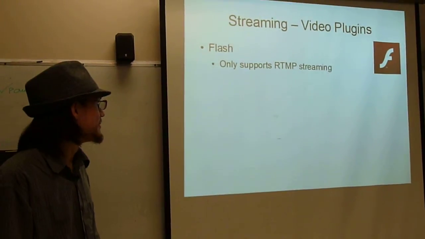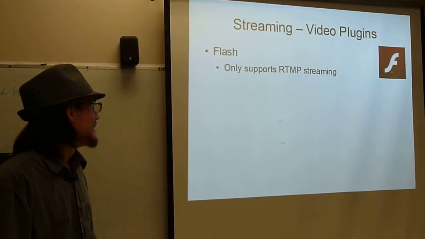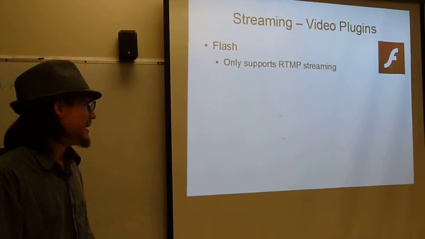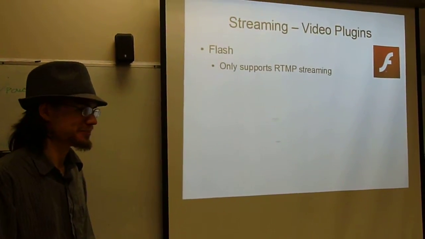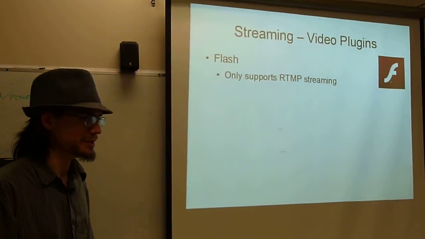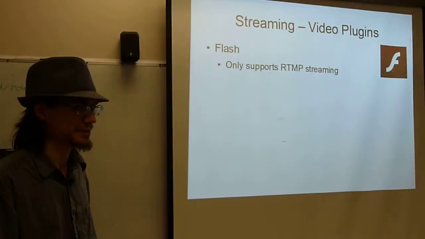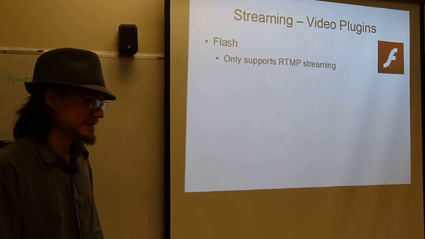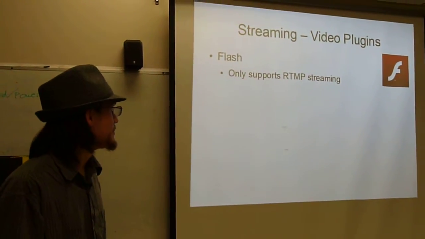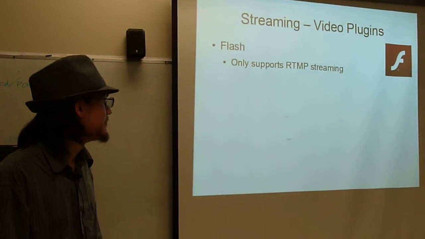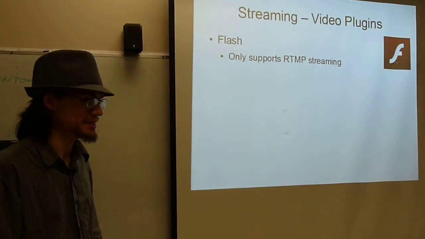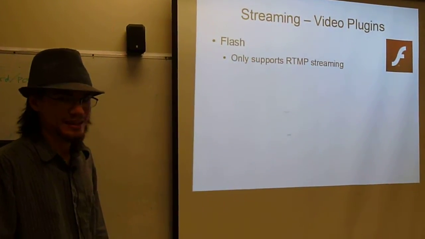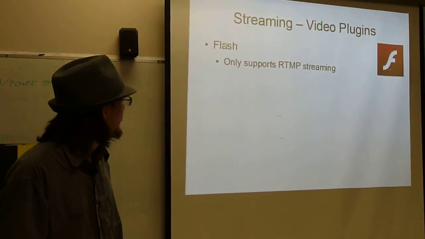So it's kind of difficult to get a good, not expensive RTMP server. Basically the only one that's really available is Wowza, which costs over $1,000 to license. And then there's Adobe's proprietary streaming software. So we kind of want to avoid Flash because it's expensive and it's proprietary.